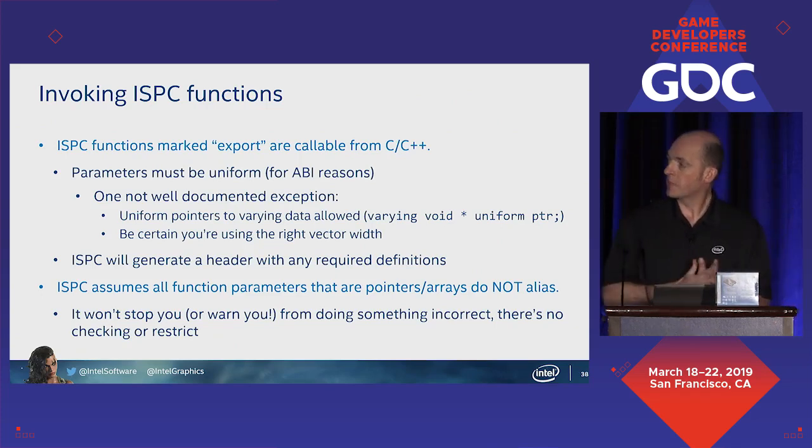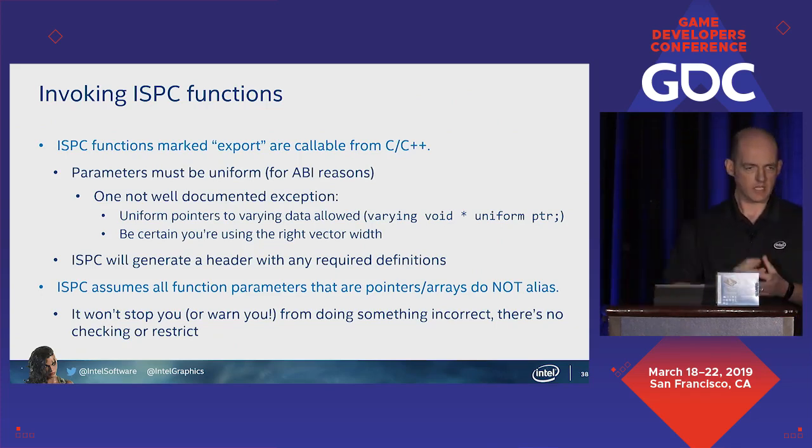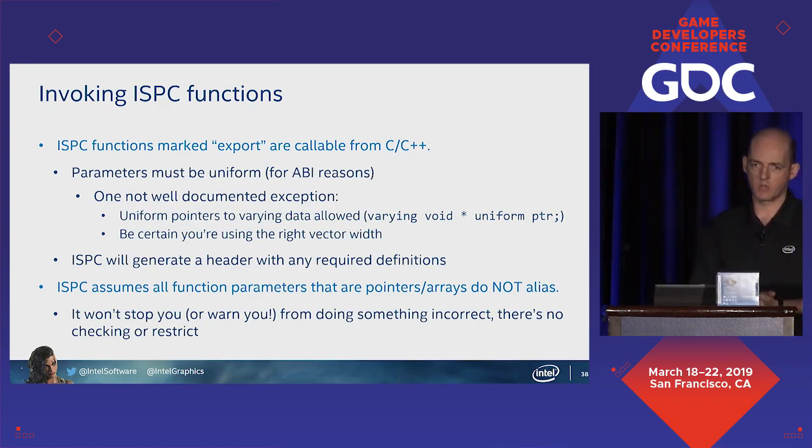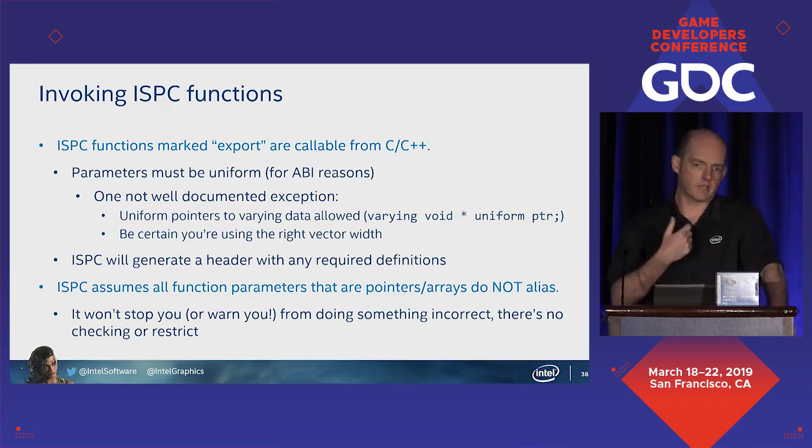ISPC generates the header, as we said, so all of your exported functions will get put in there as your API. But also, any structures that you define that you need to use. For Pete's example, you had your pixel, or even your fancier pixel. They will come through in this header file, so you can simply use them within your C code, call into it, and you're off.